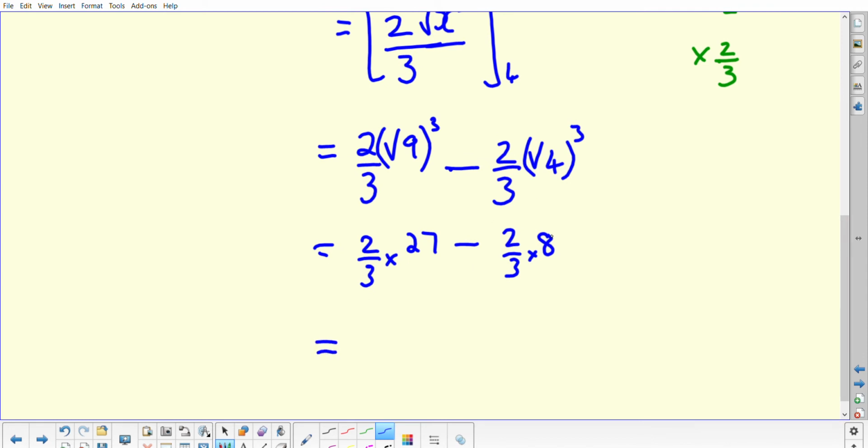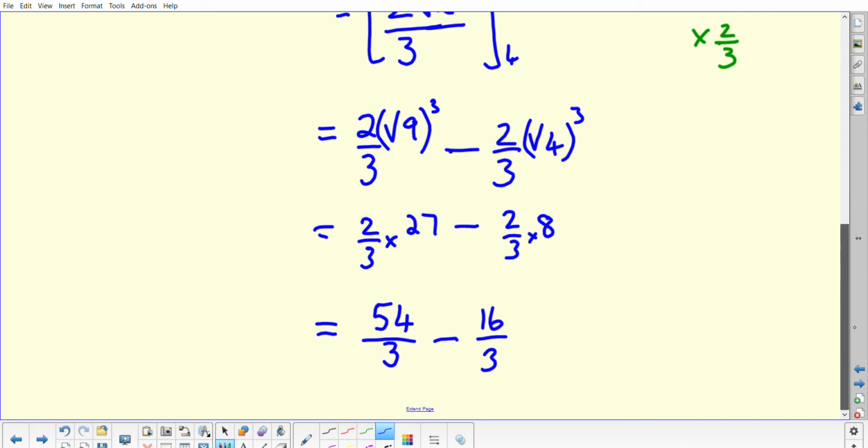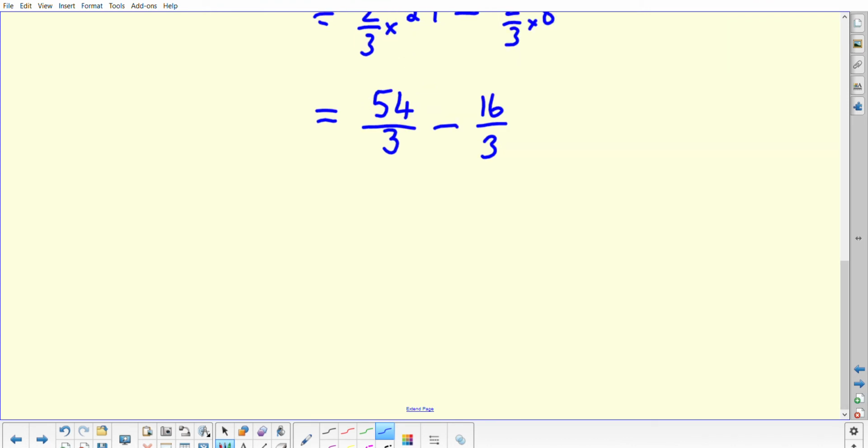However, notice that the second fraction doesn't, so I'm still going to be left with thirds. So I'm actually just going to leave this as thirds initially. So 2 times 27 would be 54 thirds minus 16 thirds, and if you subtract those two things you get 38 over 3.